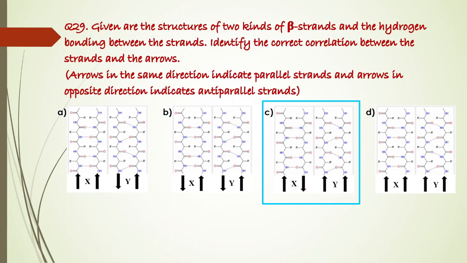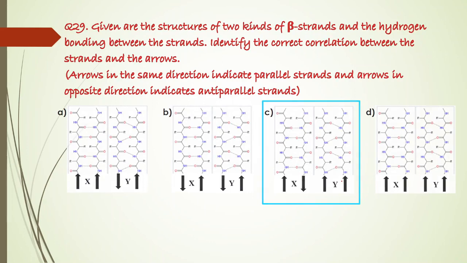But in case of a parallel beta strand, the hydrogen bonds are not lateral and they are represented by two arrows that are parallel to each other and going in the same direction. That direction tells us whether it is parallel or antiparallel. So this was the concept all of you know.